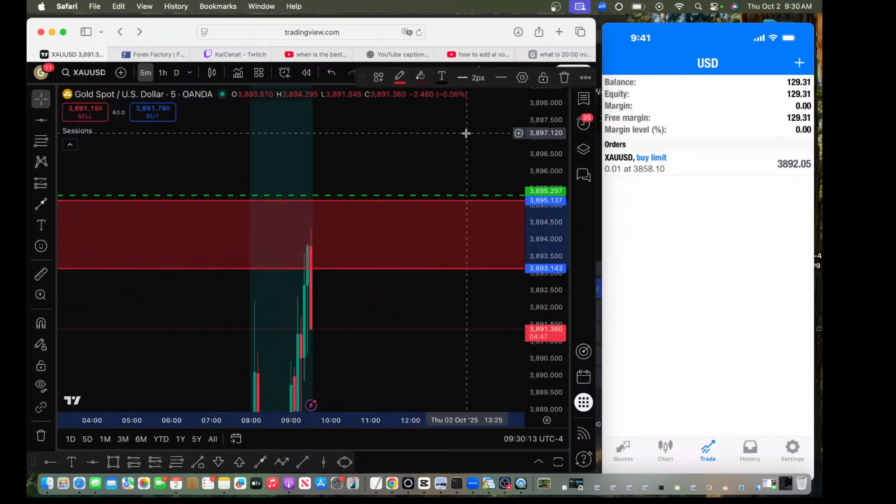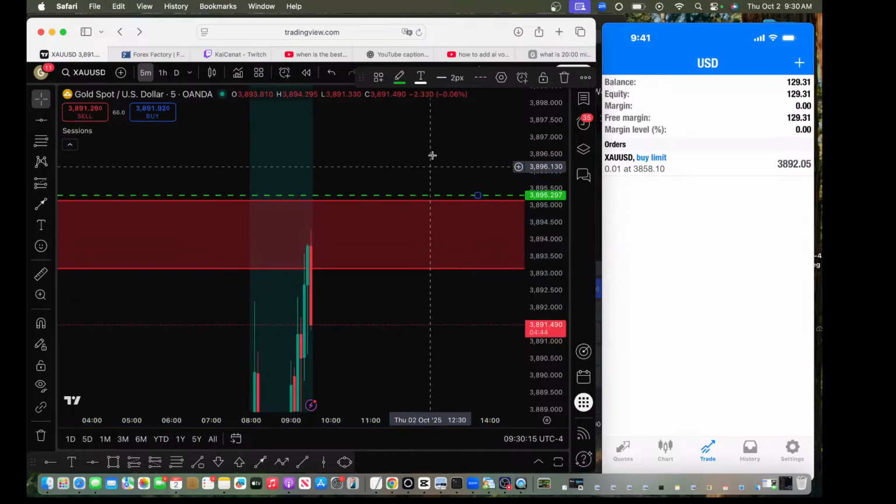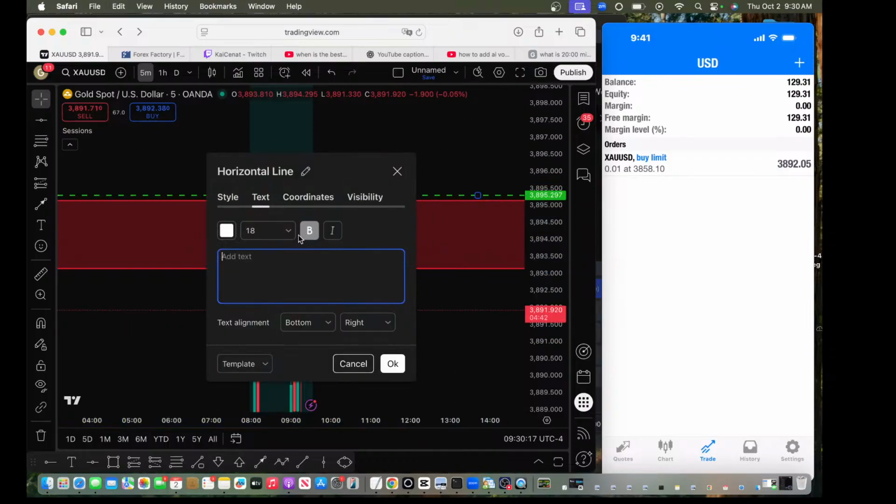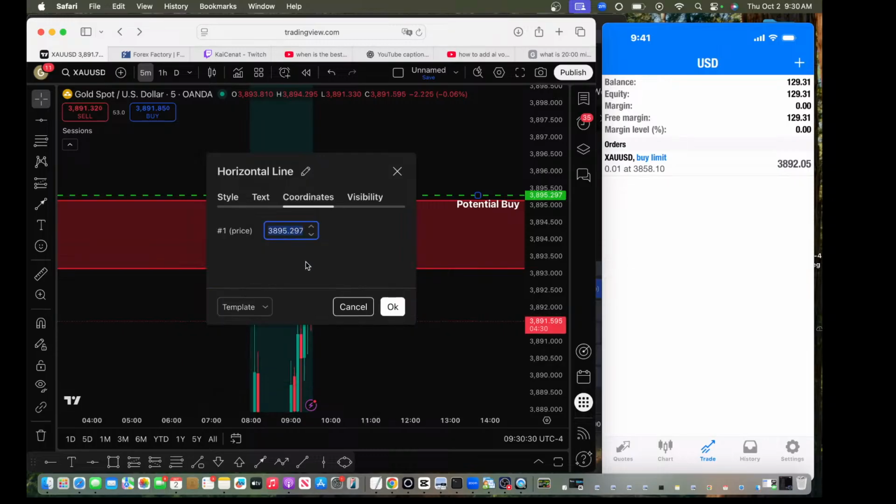This is the 3895. So potential. We want to do 0.5.